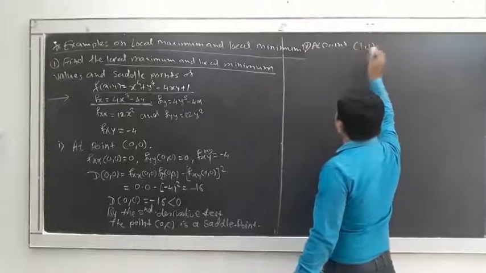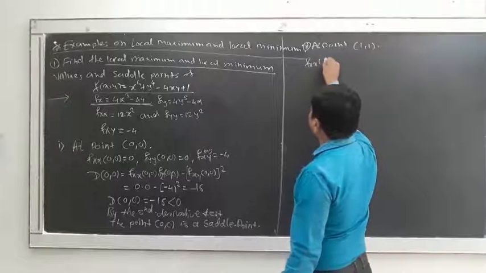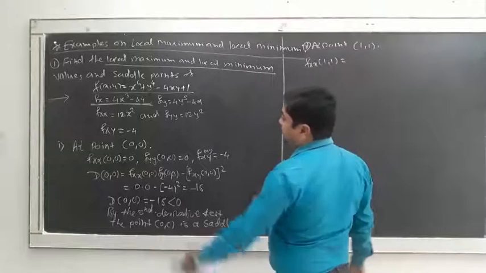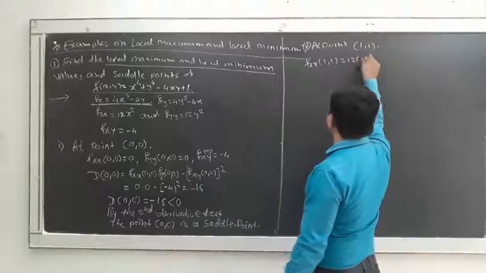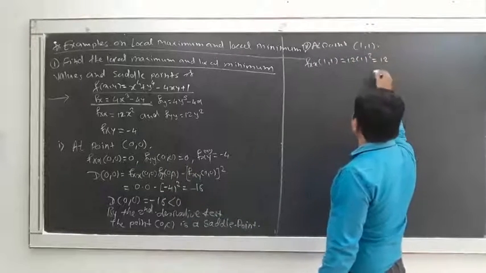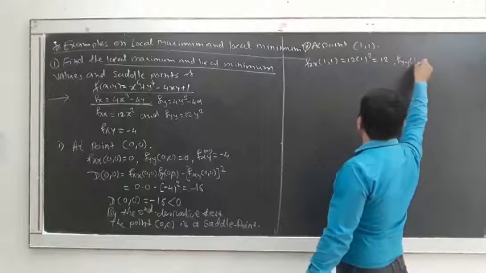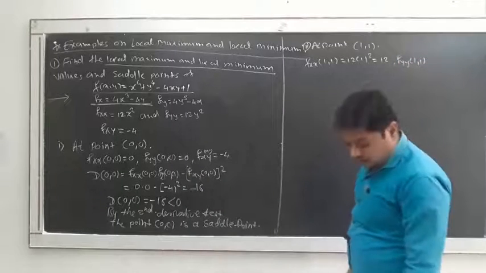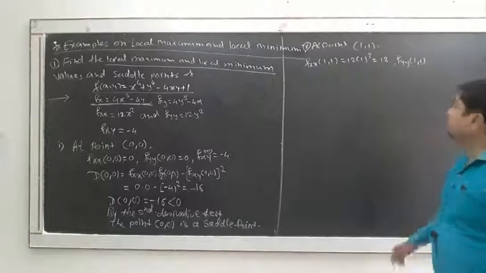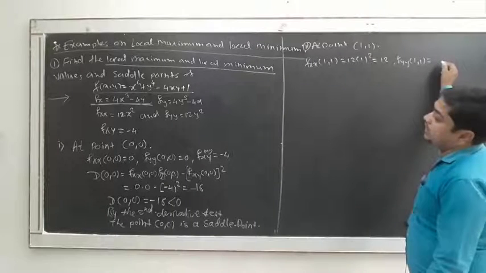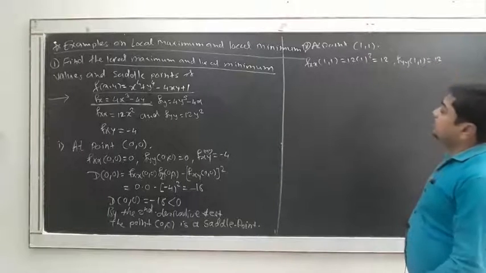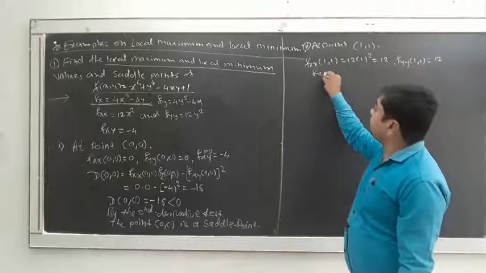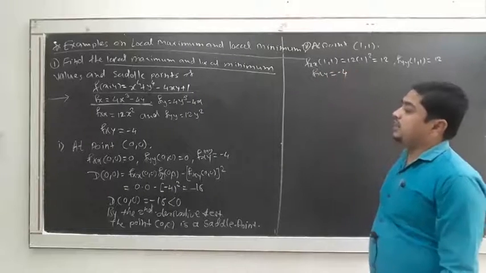Now what is fxx at (1, 1)? fxx at (1, 1) is 12 times 1 squared, so it should be 12. fyy at (1, 1) is again 12y squared, so it should be again 12. And then what is fxy? It is minus 4.